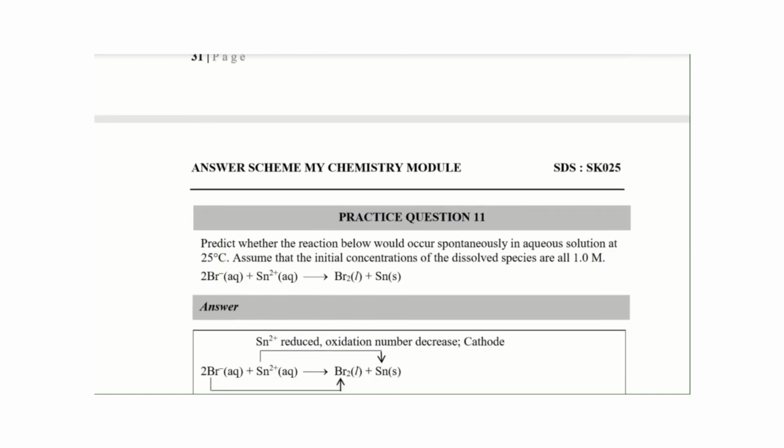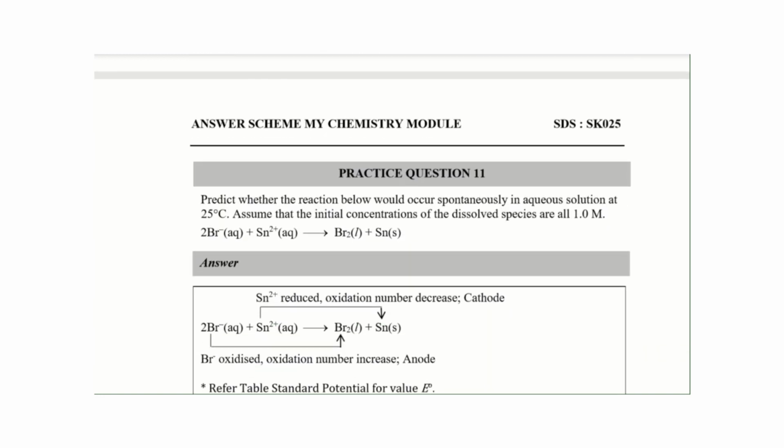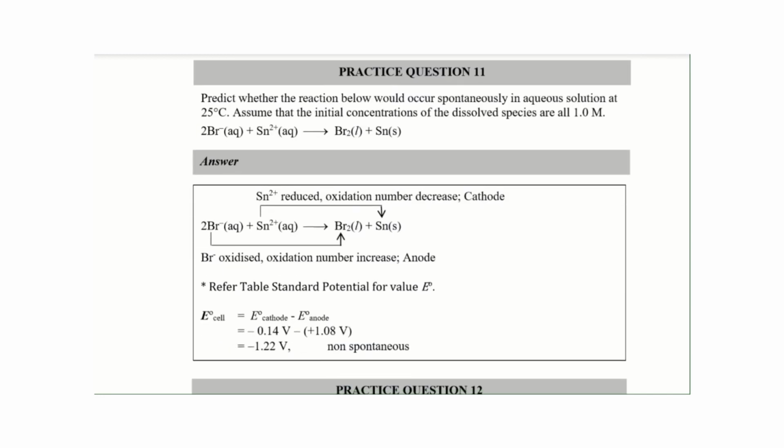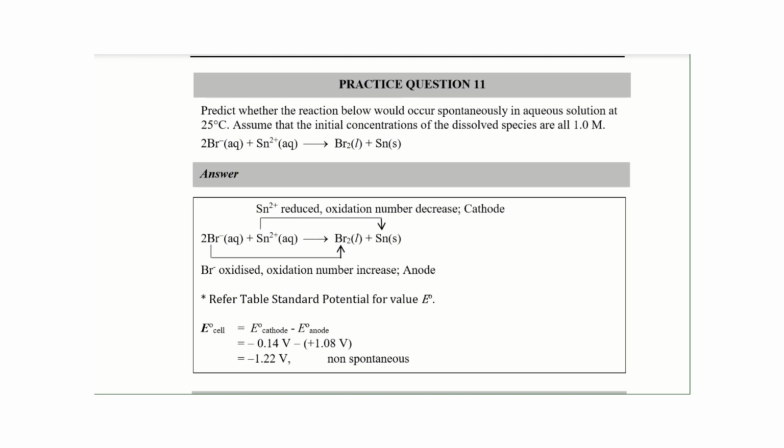Okay, practice question 11. Same goes as practice question 10. Br minus produces Br2, Sn2+ produces Sn. Sn2+ produces Sn, that means it undergoes reduction at the cathode.